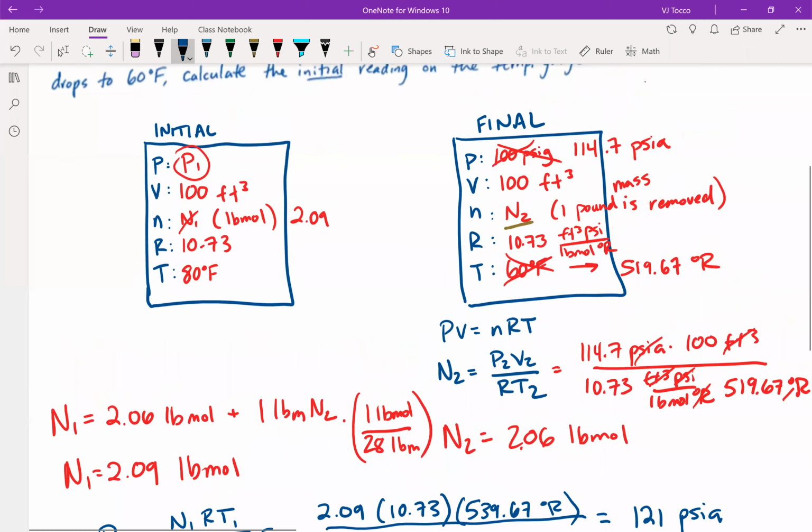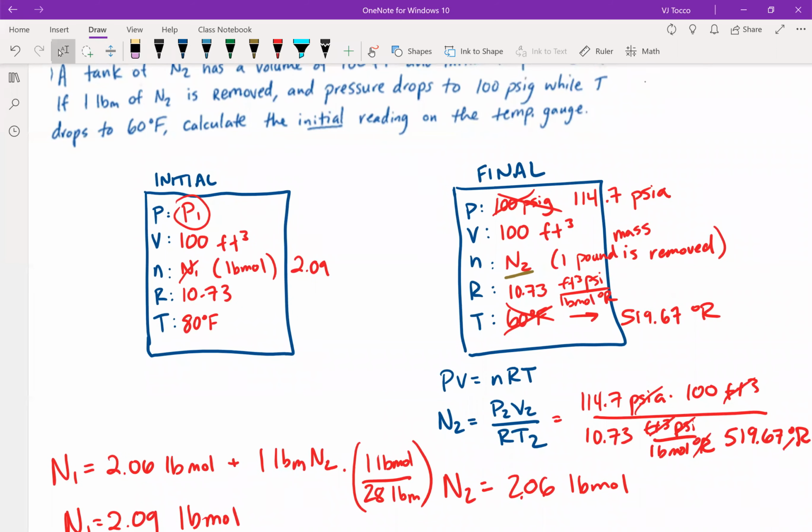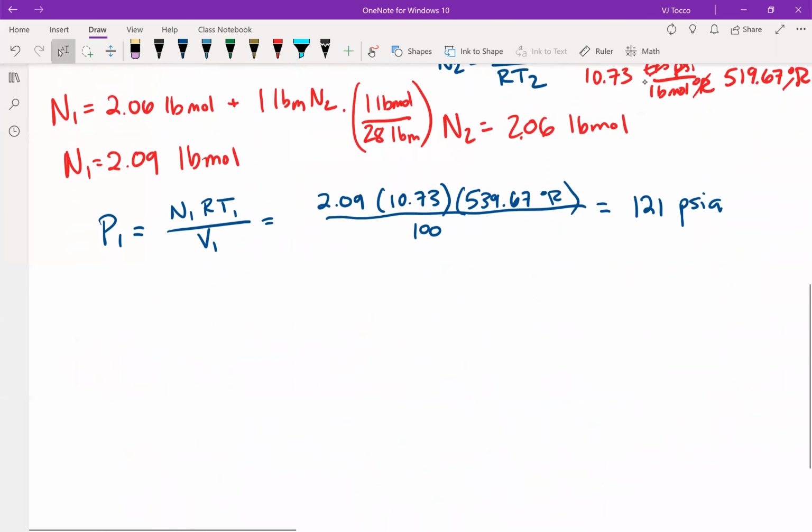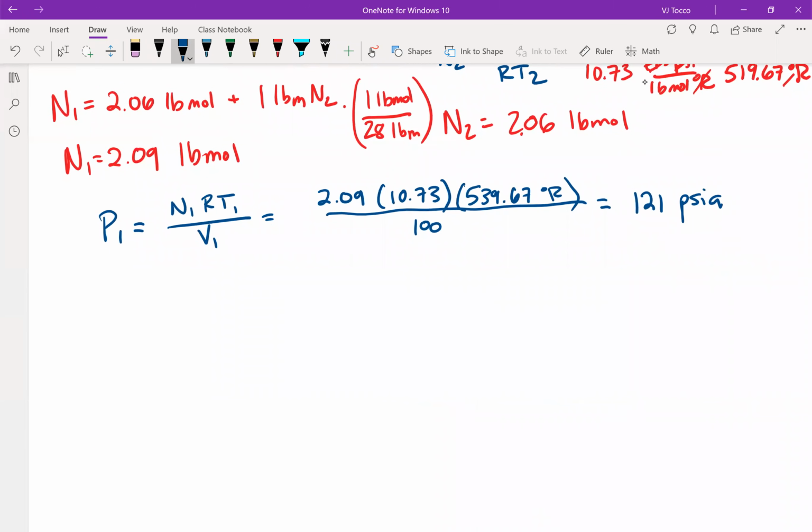And because the problem specifically asks, what is the initial reading on this, it should say pressure gauge, by the way. I just noticed that. Or it wouldn't make any sense. They told you what the initial reading on the temperature gauge was. We want to find the initial reading on the pressure gauge. That is going to be gauge pressure.